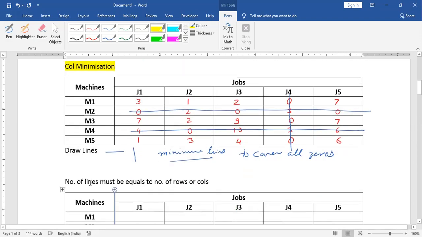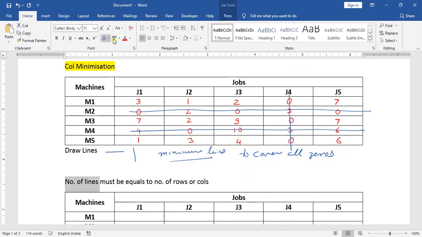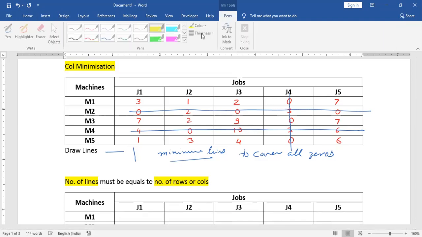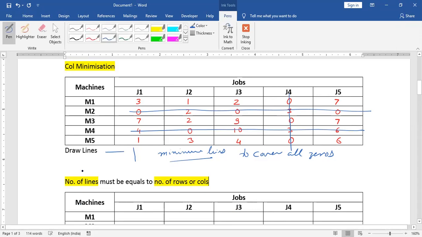This is very important. So if you see, we have 3 lines, and the number of rows and columns is how many? 5. So the number of lines is 3, the number of rows and columns is 5. So it is not equal. Then what will we do?